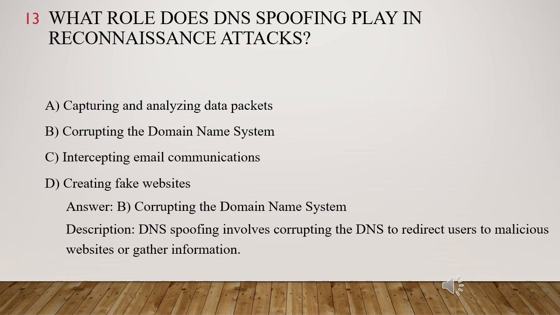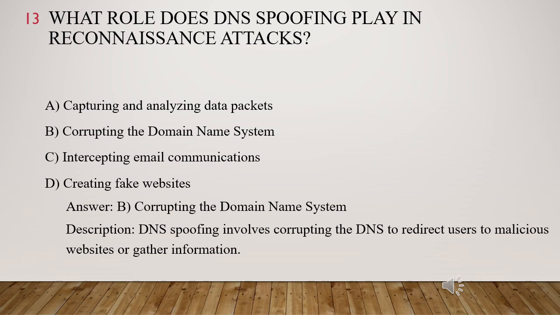DNS spoofing, in the context of reconnaissance attacks, aims to manipulate the domain name system, DNS, by injecting false information. This misinformation directs users to malicious websites instead of the legitimate ones they intended to visit. Through this redirection, attackers can achieve various goals relevant to reconnaissance, such as stealing sensitive information. By mimicking legitimate websites, for example banks or social media platforms, attackers can trick users into entering login credentials or other personal data on the fake site.